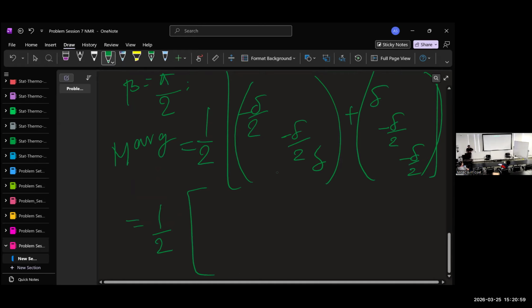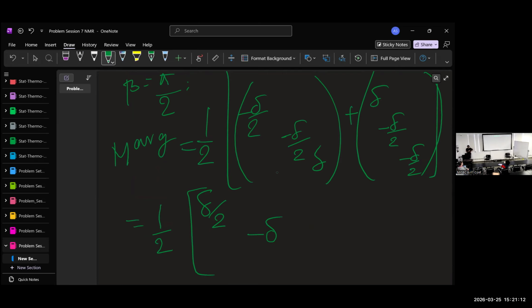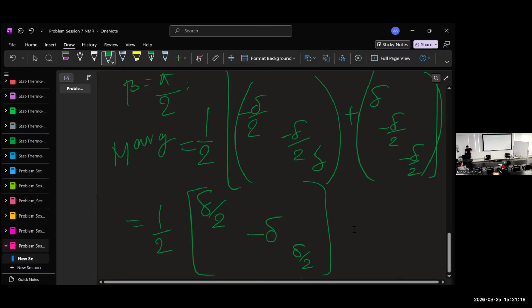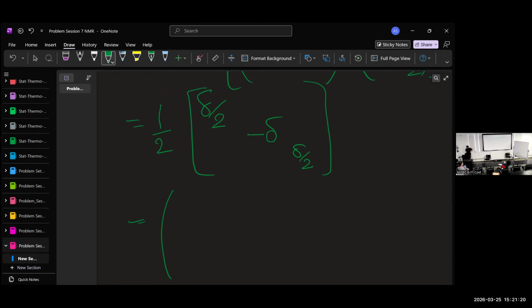What is the new XX term? Yes, so if you take this half inside, and we'll do that in a minute, this is delta over 2, this minus delta, and the ZZ term becomes, and you do what Chris has recommended.